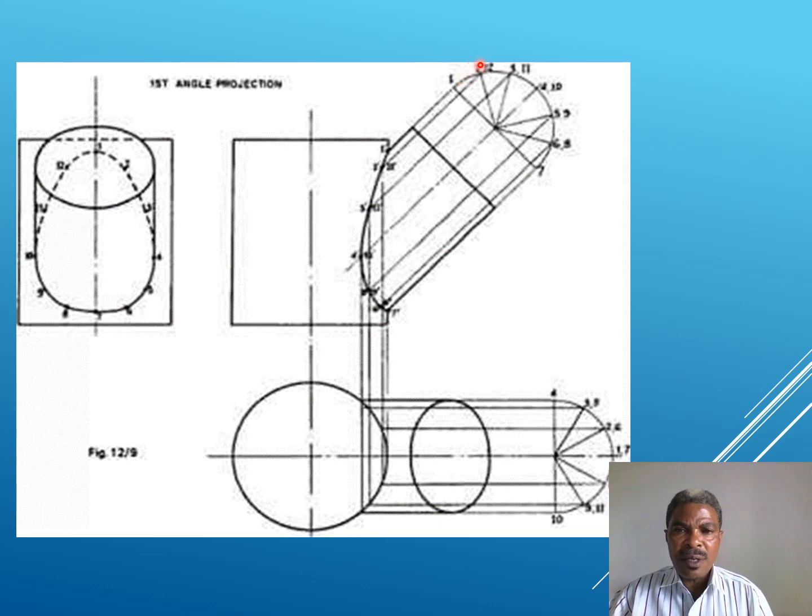You have to construct a semicircle. One thing to ensure is that the base of this cylinder should be parallel with the base of the semicircle. You can see the parallelism here.